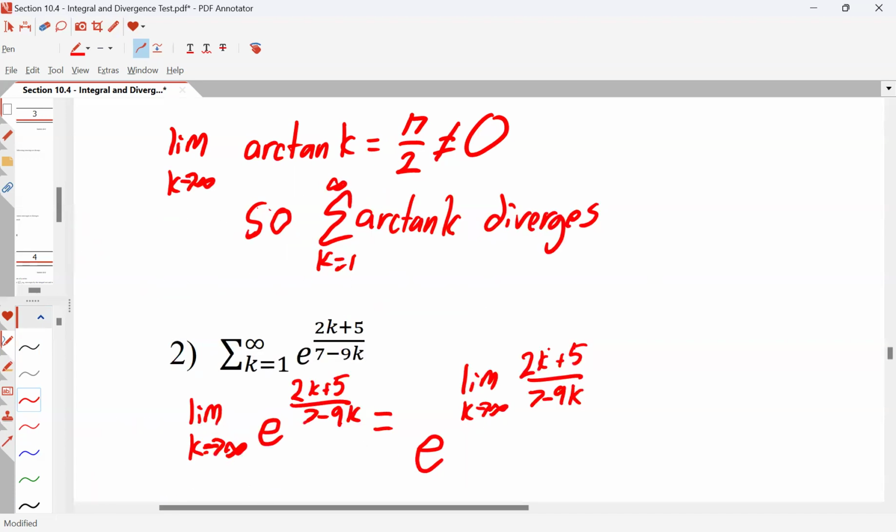The powers are the same. So we look at the coefficients. That is 2 over -9. That is the limit of the exponent, and we still have that base of e. So this limit is e to the 2 over -9. Don't know what that number is, but it's not 0. Because e to a power is never 0.